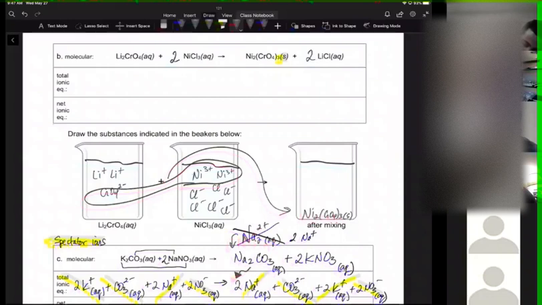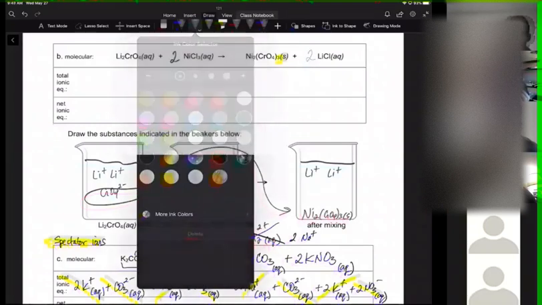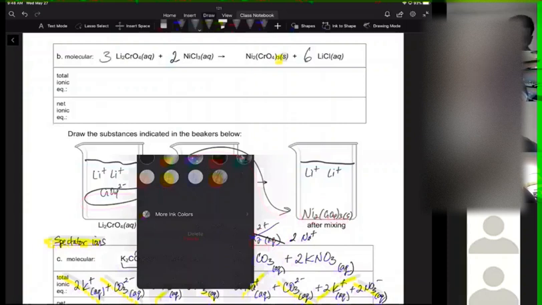And we get our new solid. And then what's left? Oh, I messed up my balancing. Yeah, we need 6 of these and 3 of those. There we go. Yes. So lithium plus, lithium plus.